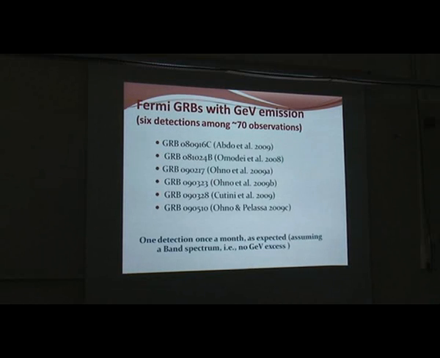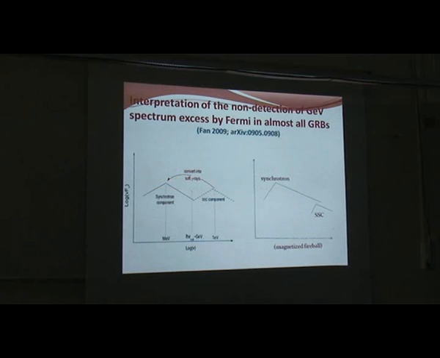Anyhow, what interests me is the non-detection of a GeV spectral excess in almost all bursts. Frankly speaking, there are quite a few possible interpretations. For example, one can argue that the synchrotron self-Compton radiation of the standard afterglow peaks at TeV energies.